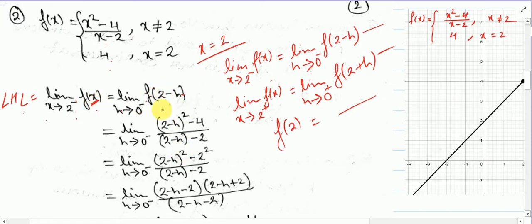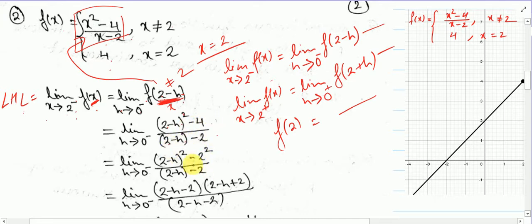Then 2 minus h is not equal to 2, so this output will be according to this one, because you know that if the input is not equal to 2, then the output should be this one. So you will get 2 minus h whole square, because this whole thing is like x, minus 4 upon 2 minus h.